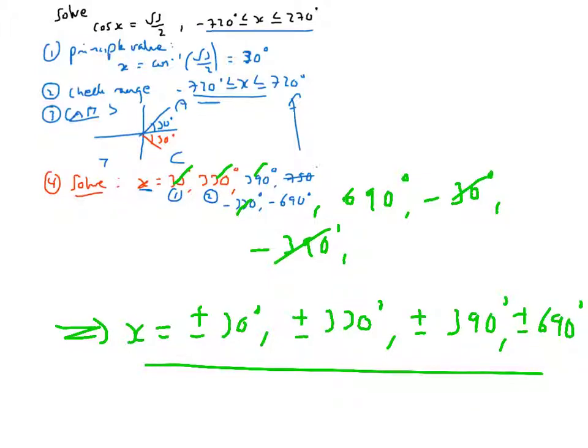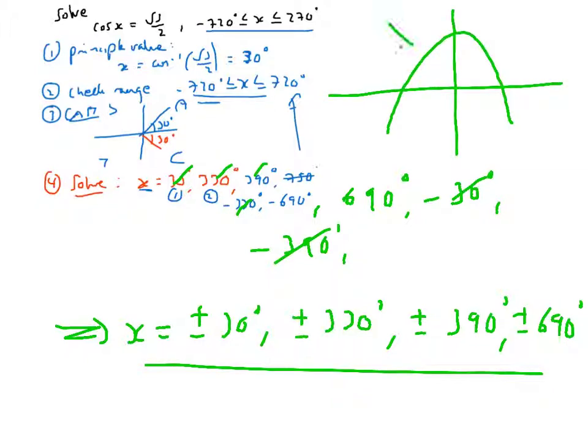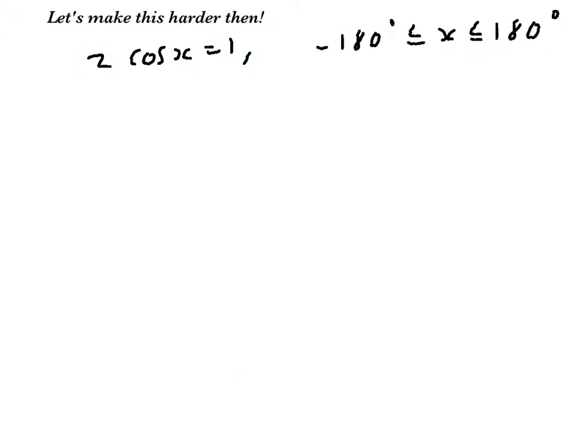Well, because we know that cos is symmetrical about the y-axis, isn't it? It's symmetrical there and there. So I expect the values to be the same given that the range is symmetrical, 720 to minus 720. That's not always going to be the case in transformed graphs, but if they're not transformed, you should expect plus or minus results.